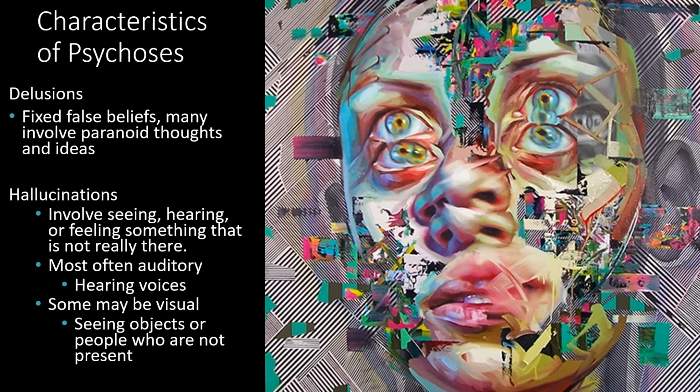For example, a command hallucination telling a patient to go and harm someone because they're being threatened. That could be an auditory hallucination. Hearing voices is the most common, but visual hallucinations can occur as well.